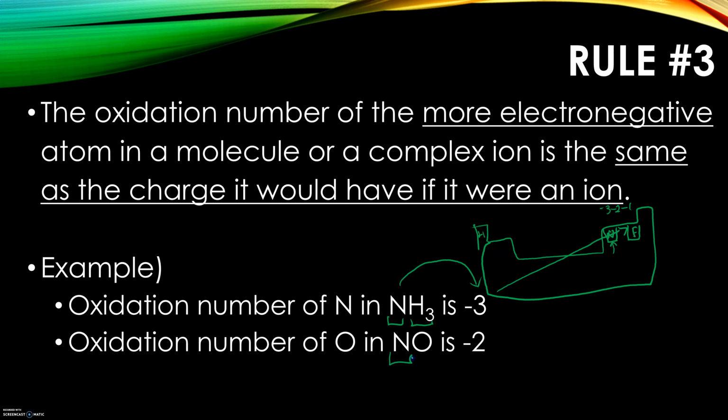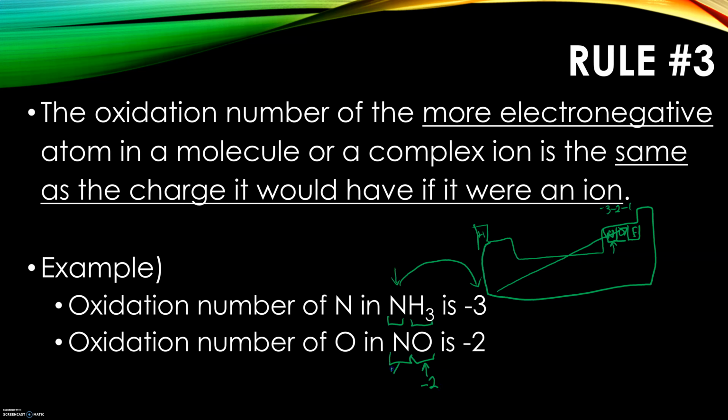But if we look at the bottom example here, we have nitrogen and oxygen. Oxygen is actually closer to fluorine, which means that while earlier in the example we identified nitrogen because it had the higher electronegativity, in this case, because oxygen is more electronegative, it lets us assign the oxidation number for oxygen.